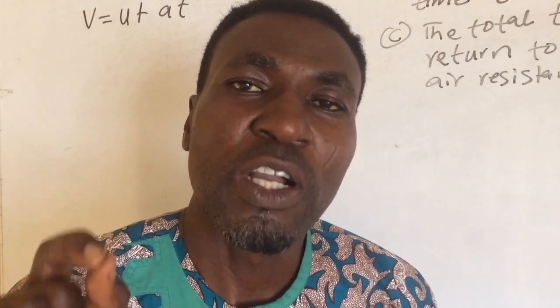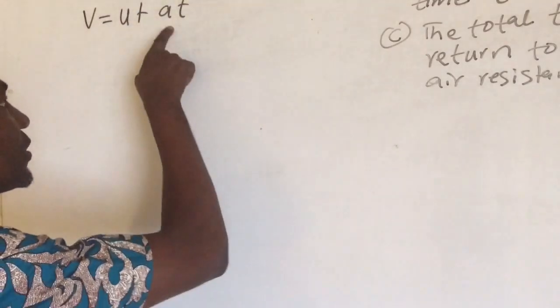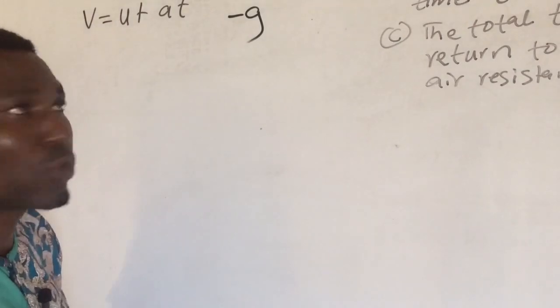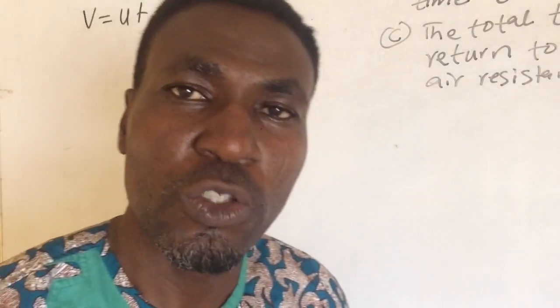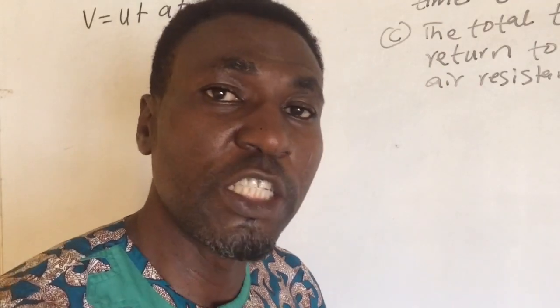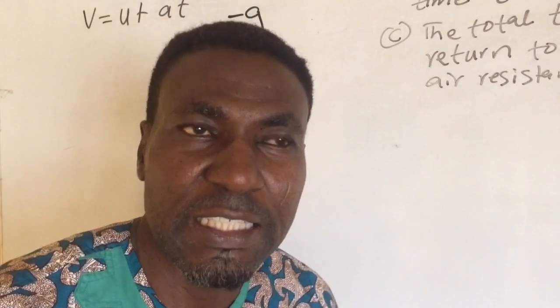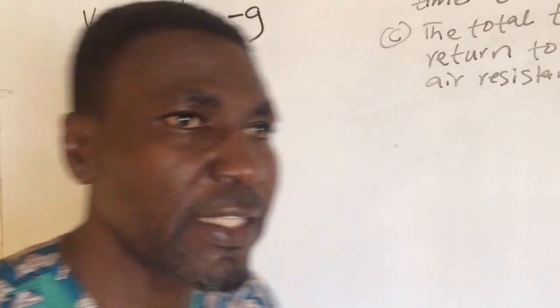So we will change this to be minus G. This A also represents acceleration due to gravity, while G still represents acceleration due to gravity. But since it is acting against it, it will now be negative, right?